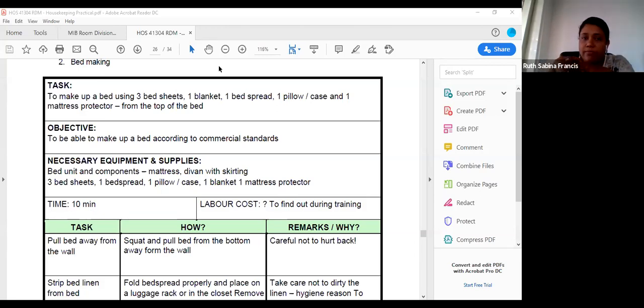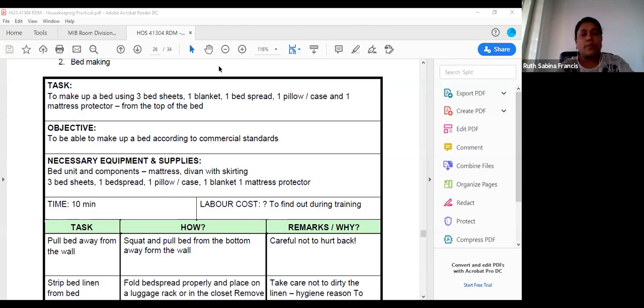And then the objective. You will have to explain to your trainee why you have to organize this objective. What is the main aim of this particular task? And then you will have to run through the necessary equipment and supplies.